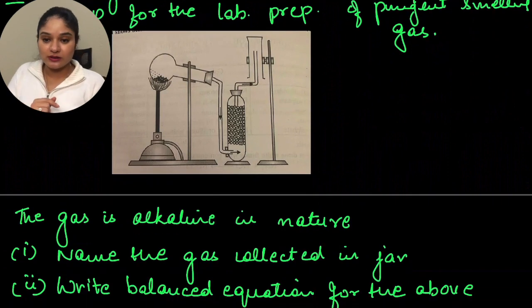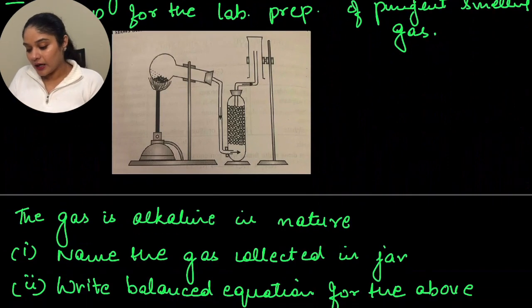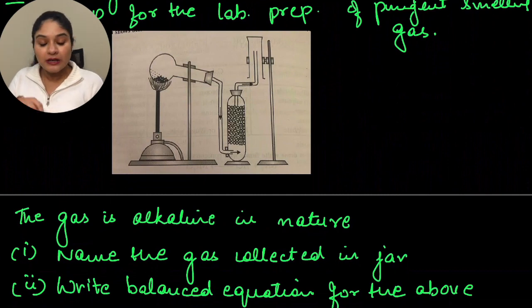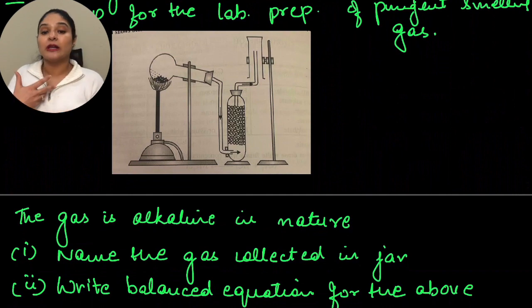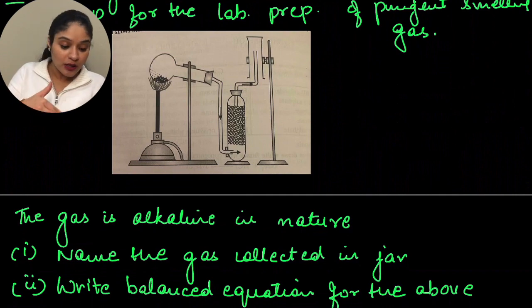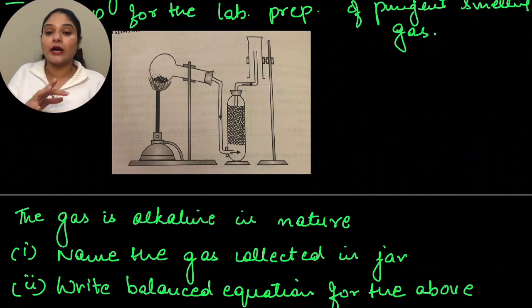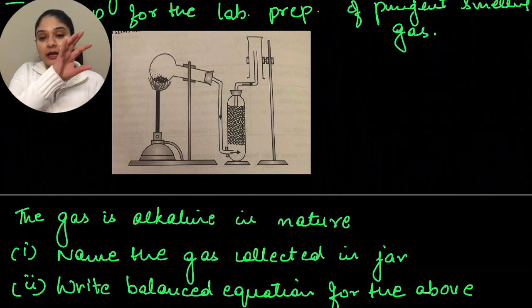The first question is asking, name the gas collected in the jar. The gas collected in the jar is ammonia. The second thing that is important to notice in this diagram is that even if you're not sure about what the process is, try to understand it from the collection jar.